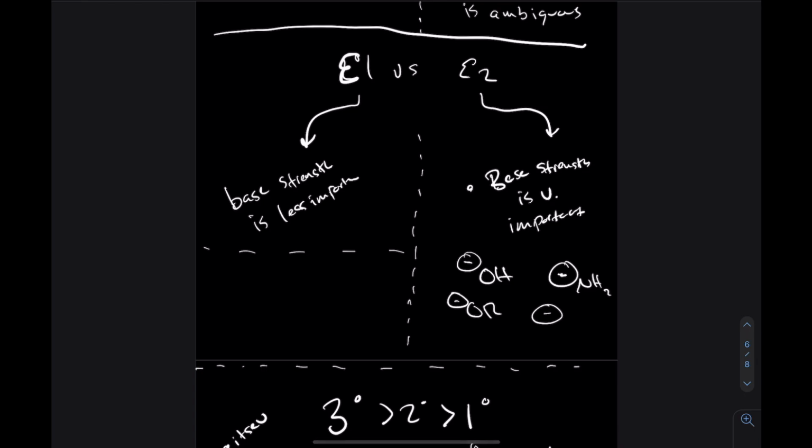And of course your carbanions are all really good bases. They're all hungry for protons, all right? And in E1 eliminations, of course, all of these will do an elimination as well, but you can also do eliminations with water, you can do eliminations with methanol, because they have lone pairs, right?